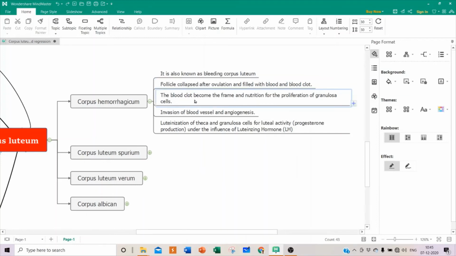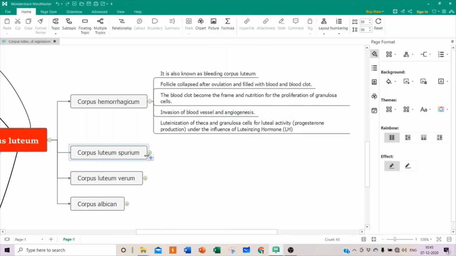The blood clot becomes the frame and nutrition for the proliferation of granulosa cells, and there is invasion of blood vessels from the theca layer, and angiogenesis, the formation of new blood vessels, so that area becomes rich in blood supply. The granulosa cells and theca cells are luteinized under the influence of luteinizing hormone, and they start producing progesterone.